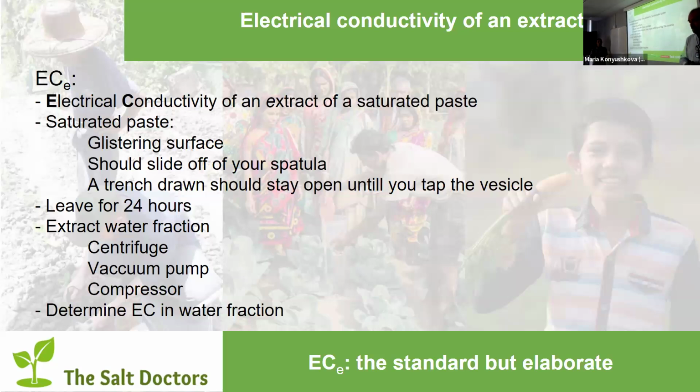So after you've determined your EC value, your ECE value ideally, you want to know which cation, and we usually look at the cations, is causing this elevated ECE. Is it sodium, magnesium, calcium, or potassium? Potassium is very unlikely, but calcium or magnesium is very possible. Indeed, we find that also.